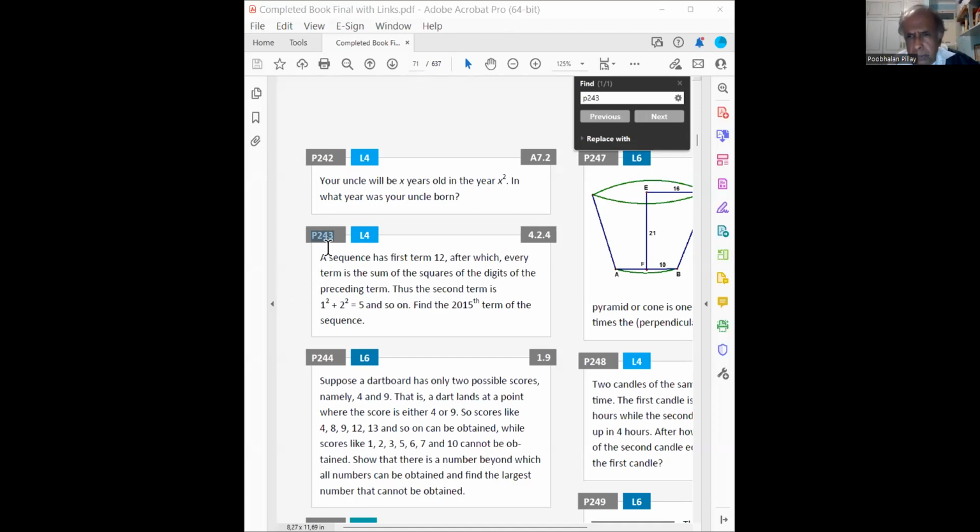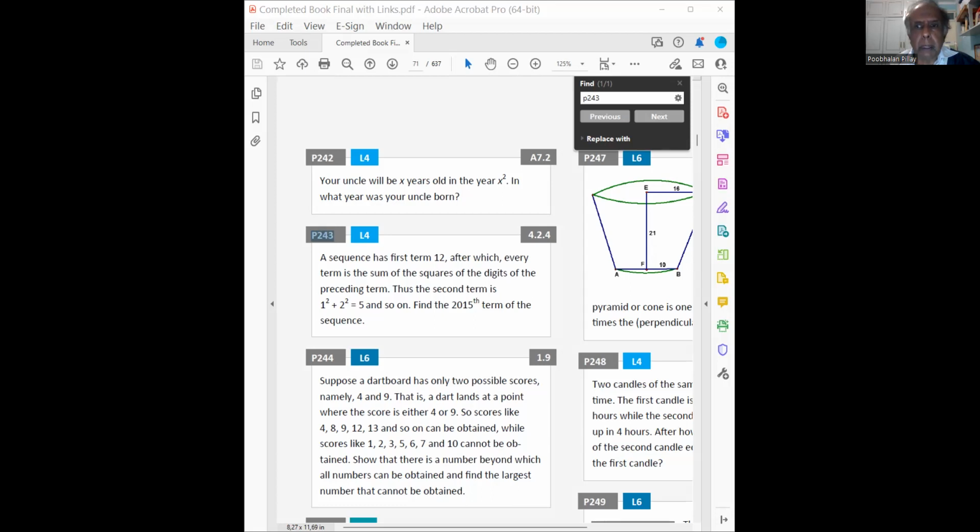We go on to problem 243, which is on the screen. A sequence has first term 12, after which every term is the sum of the squares of the digits of the preceding term. So what is the meaning of that? It says that when you take 12, the next term will be the sum of the squares of the digits of the preceding term.